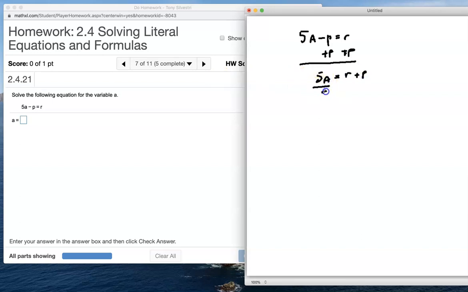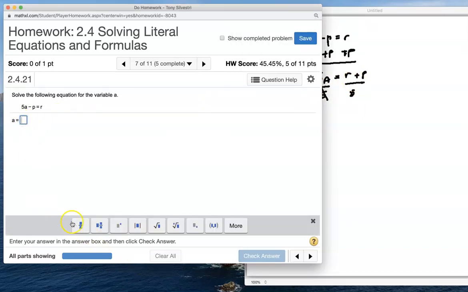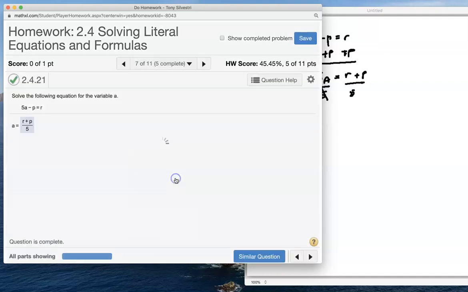I can't have that. You have to divide by 5 both sides. Cancels, and there you go. A equals R plus P, fraction, R plus P divided by 5. Check your answer. Fantastic work.